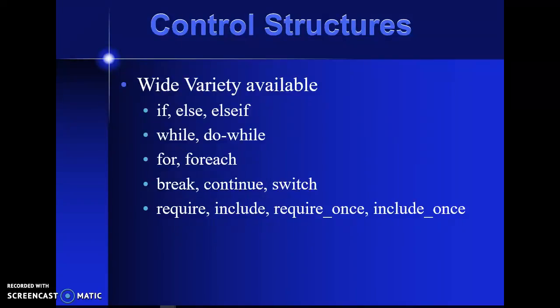We will use foreach. So the entire content of the array can be printed, or anything we can do for the array by using foreach without specifying any conditions. Break, continue, switch, these we have already seen in other languages like C, C++.